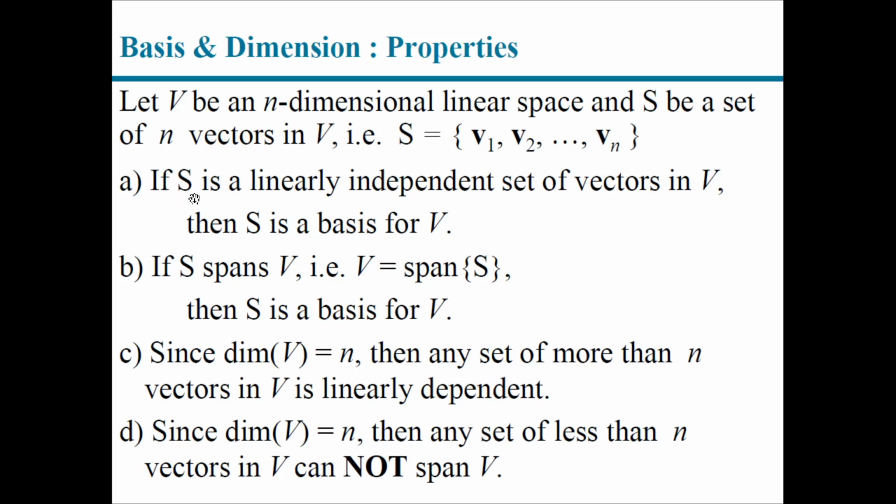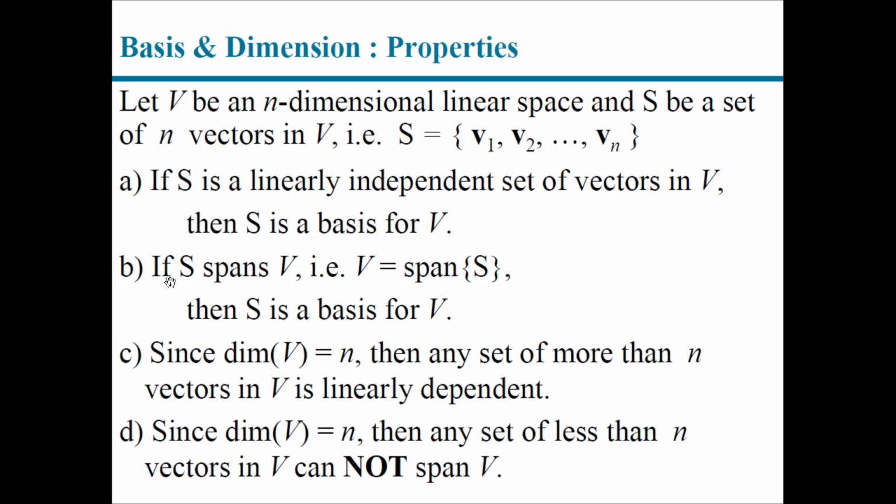If vectors in set S are linearly independent, then they form a basis of the linear space, just because we know that the dimension of the linear space is n, so that means there are n linearly independent people in a basis. And if these n guys from the space are linearly independent, well, they form a basis automatically.